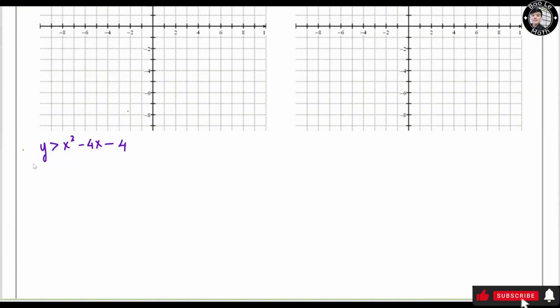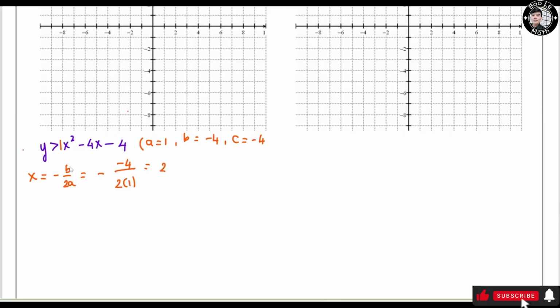Step number 1, you need to find the axis of symmetry. The axis of symmetry is x equals negative b over 2a, where a equals 1, b equals negative 4, c equals negative 4. So it's going to be negative of negative 4 over 2 times 1, which is 2.